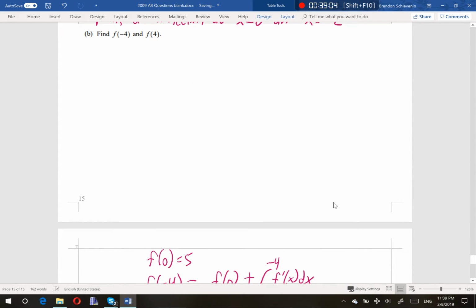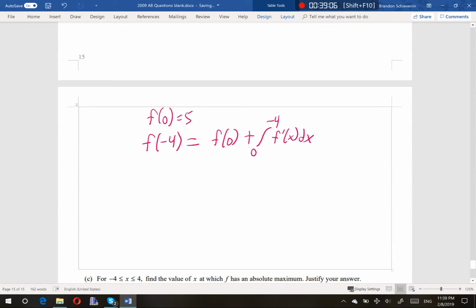So it looks something like this. f at negative 4 should be equal to f at 0 minus the integral from negative 4 to 0 of f prime of x dx. I've flipped the bounds, so what was my upper bound is now my lower bound, so I'm moving from left to right instead of from right to left. But I'll have to subtract instead of add. So this is changing the sign.